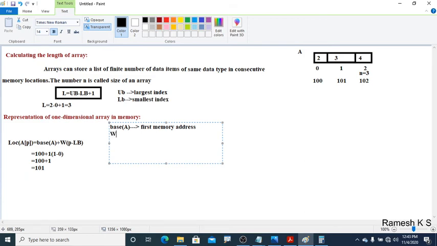Again, W is words per memory cell. P is the particular position memory address we are going to calculate.